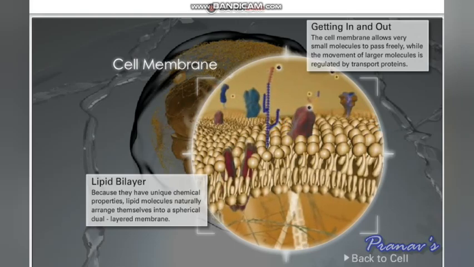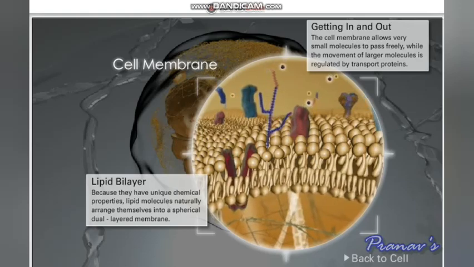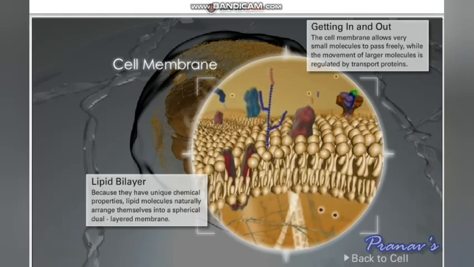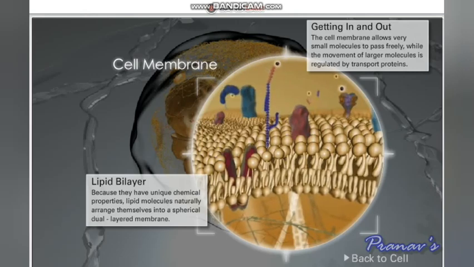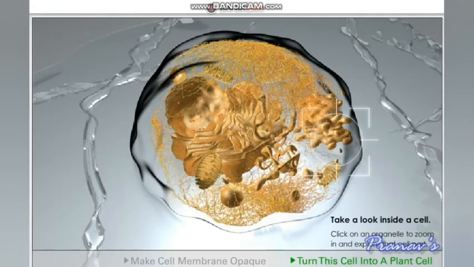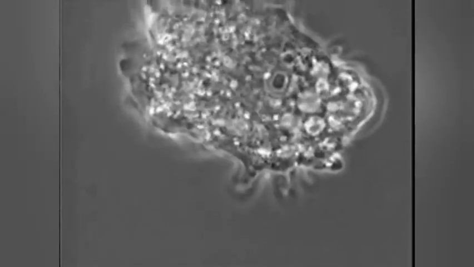The flexibility of the cell membrane also enables the cell to engulf food and other materials from its external environment. Such processes are known as endocytosis. Amoeba acquires its food through such processes. I have attached a small clip of endocytosis and exocytosis of amoeba. Watch this.